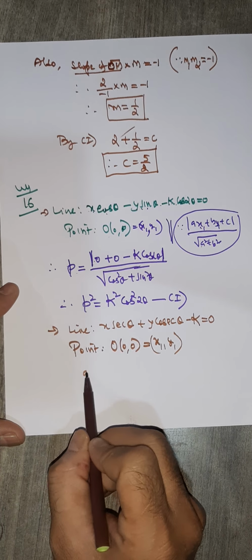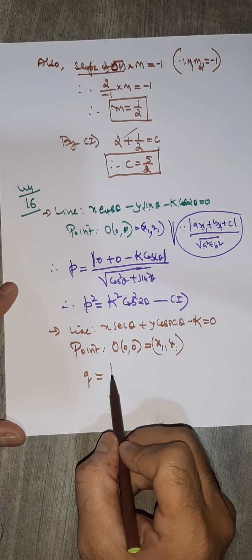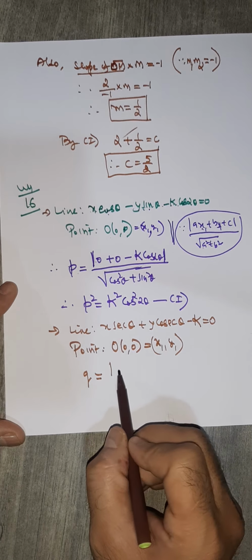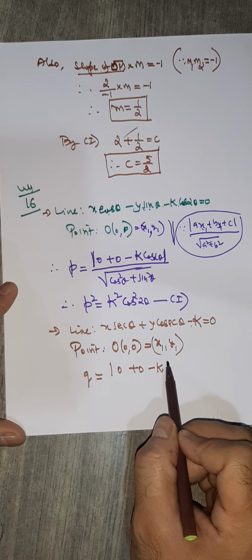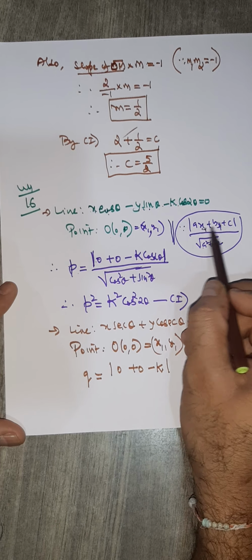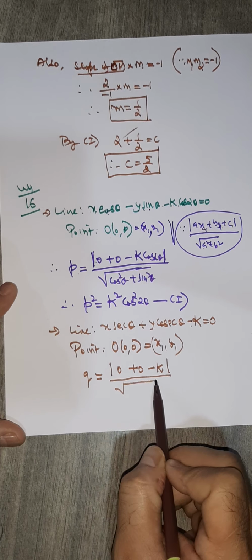Now here you are given q, the perpendicular distance small q. So this is 0, this is 0, 0 plus 0 minus k, x1, y1 both are 0, you are just left with c upon root of a square plus b square.